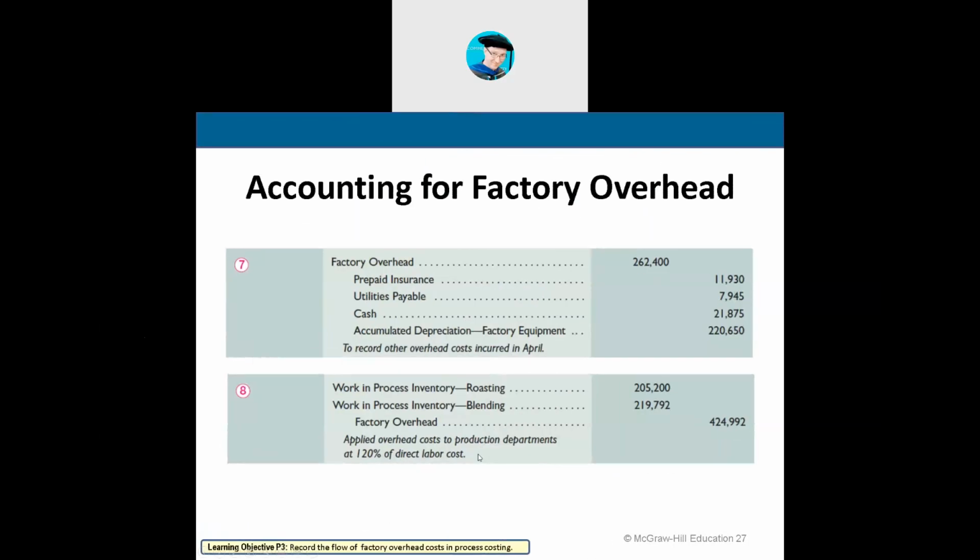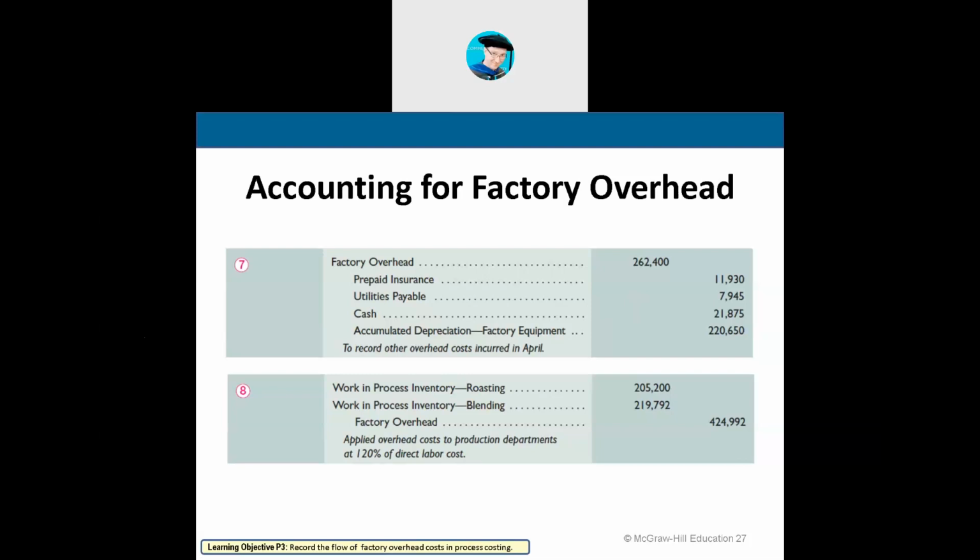And for the overhead part, we add in our overhead for each department. How do we do that? We figure out our total factory overhead and we allocate it accordingly. Debit factory overhead, credit all of our various things: insurance payable, depreciation, utilities, etc. Right?